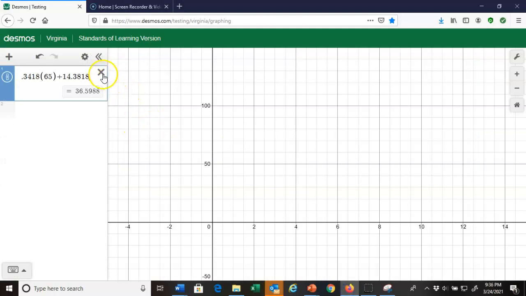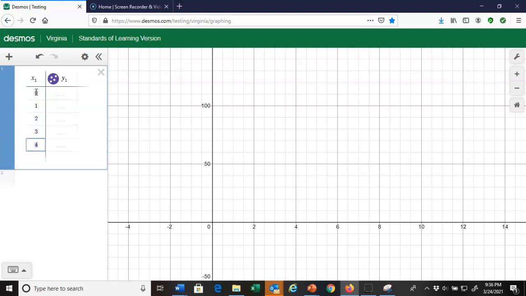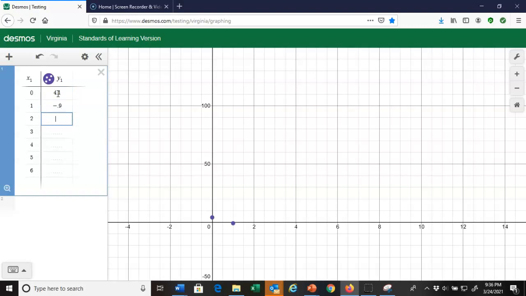Go to Desmos, enter in our table. This is a horizontal table, but we're still going to put it in vertically, so be careful as you're entering. 4, 5, 6. And some decimals here. And negatives.